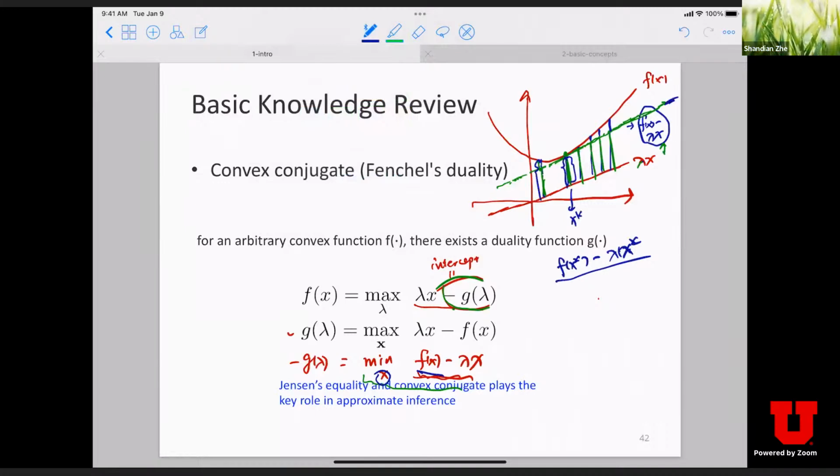As we just mentioned, when you find this optimal x star, you actually get a tangent line. And this difference, you can move it in parallel, so it's the same here. So this actually is the intercept of the tangent line, and this tangent line has a slope exactly lambda.